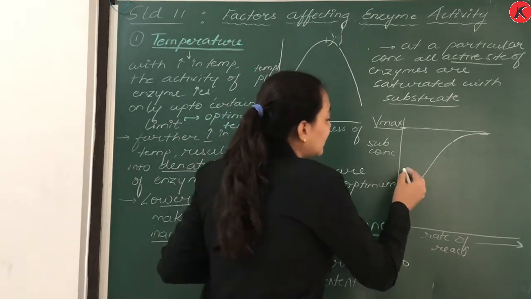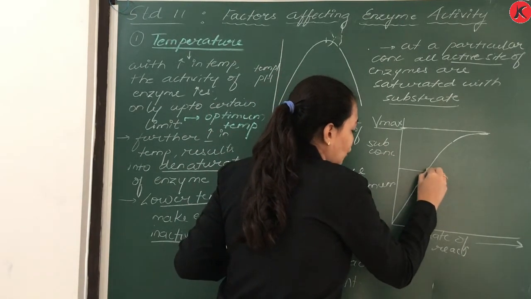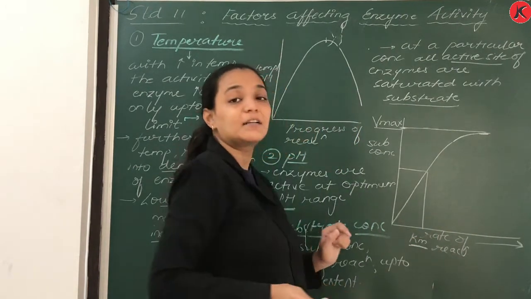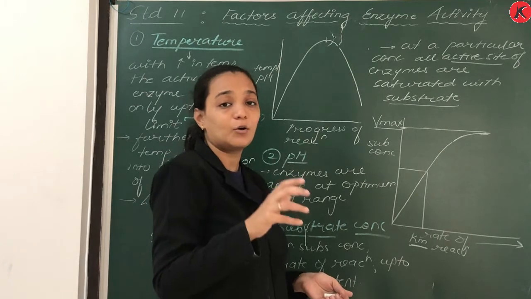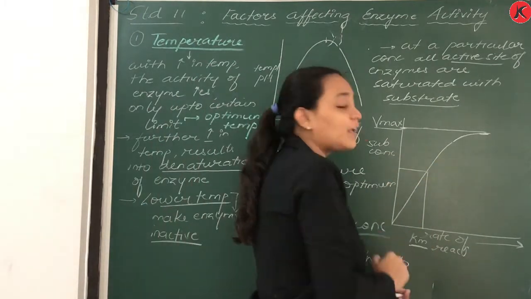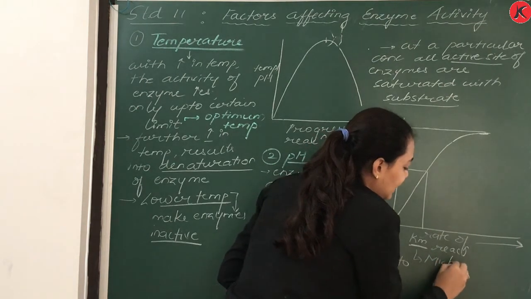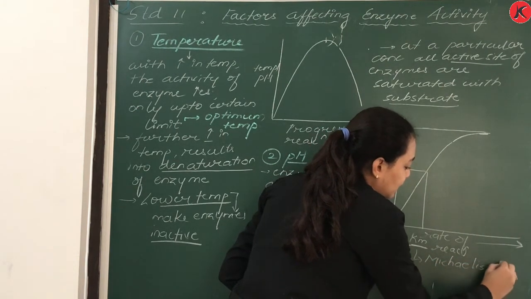Now another important term that is mentioned in your textbook is an alphabet Km. If you look in your textbook, just like this graph, below it is written Km, which is known as Michaelis-Menten constant.